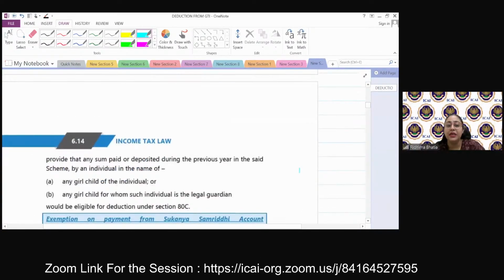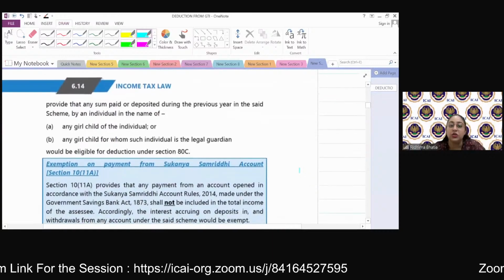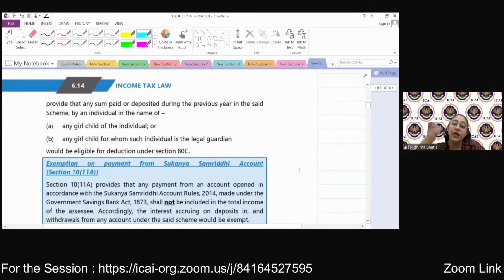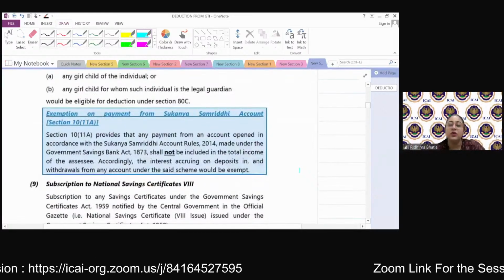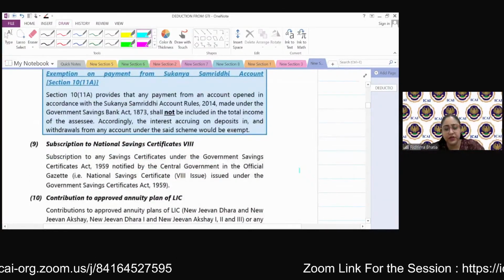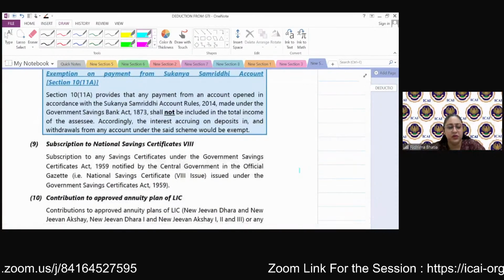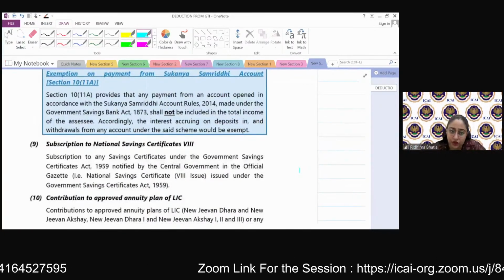Whatever contribution I'm making during the year for that girl child would be allowed as deduction. Now there is an exemption also, whatever comes from that particular account, which is given under section 10, clause 11. National Savings Certificates: government issues savings certificates with a lock-in period of 5 years. So if you make a contribution into it, you'll get a deduction for it.